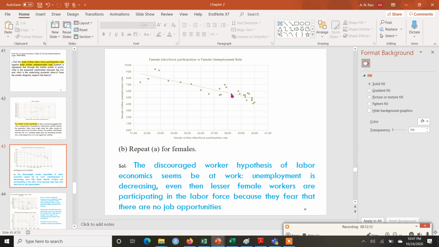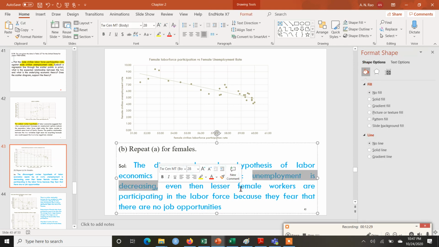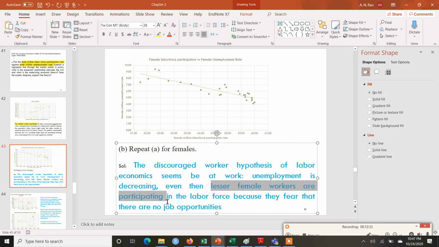You see, there's an inverse relationship, which means that if one variable decreases, the other one increases. That's why it's saying that you can see that the unemployment rate is decreasing. Even then, fewer female workers are participating, right?